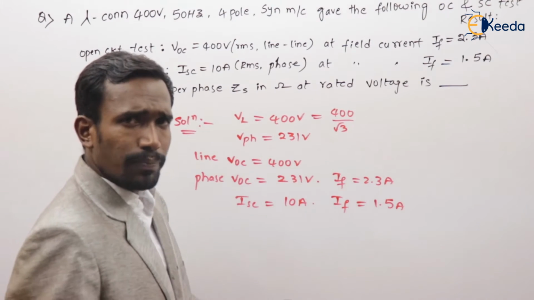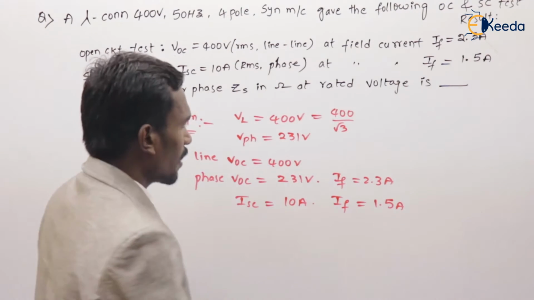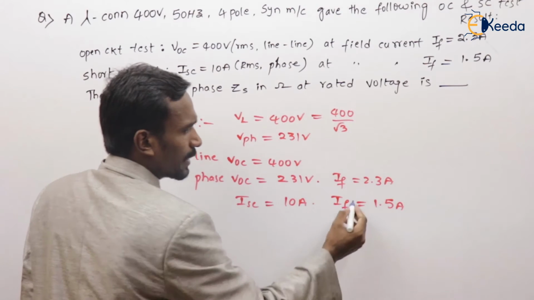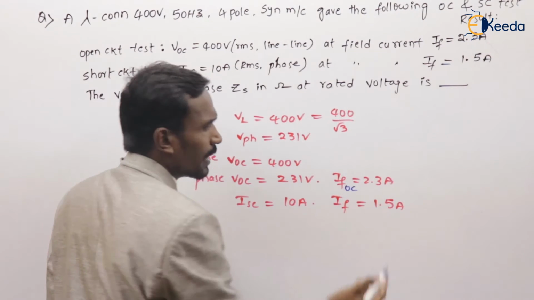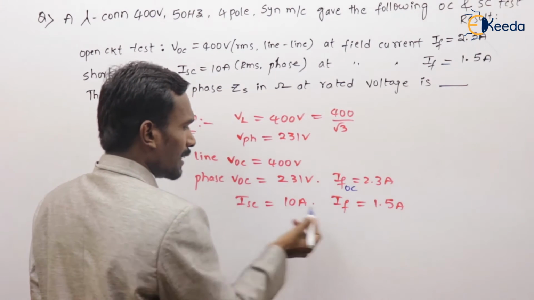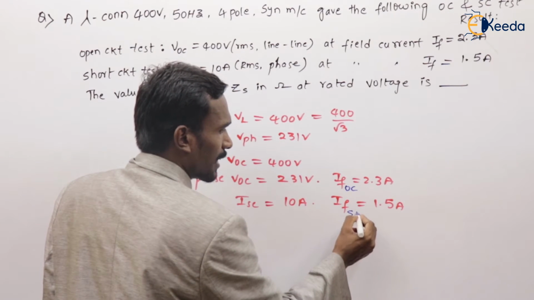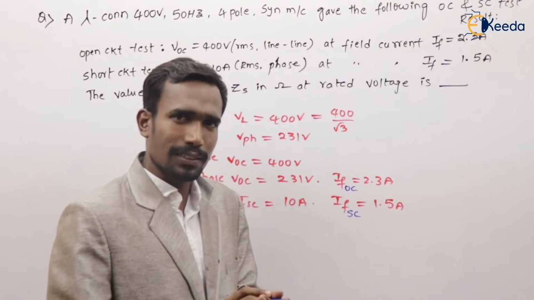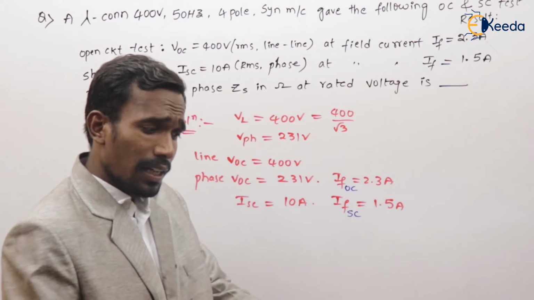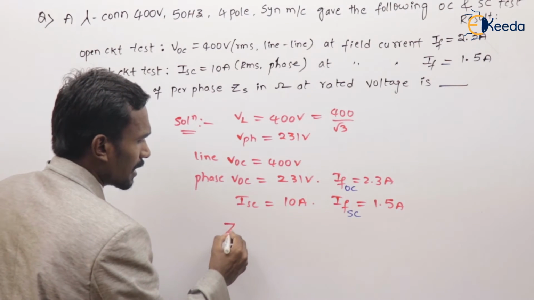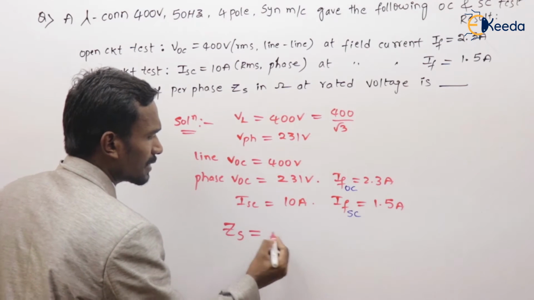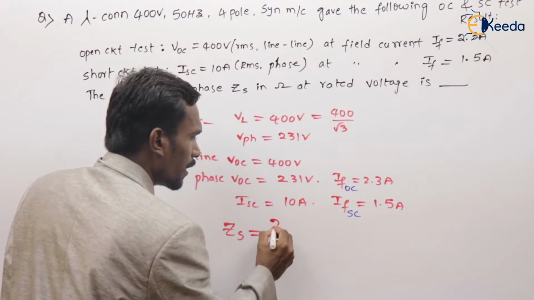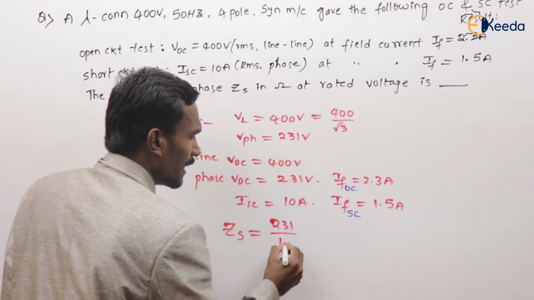For example, I am taking the field current at rated voltage as IFOC, and the field current at rated current as IFSC. Then generally the synchronous impedance ZS is equal to EOC by ISC.